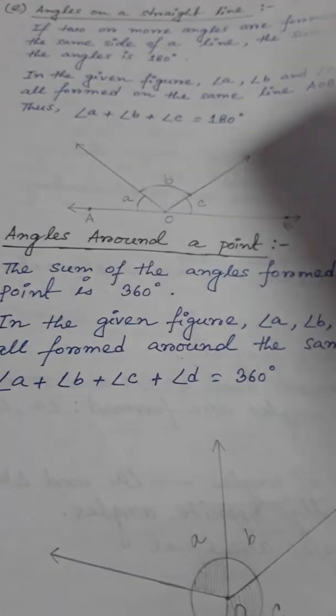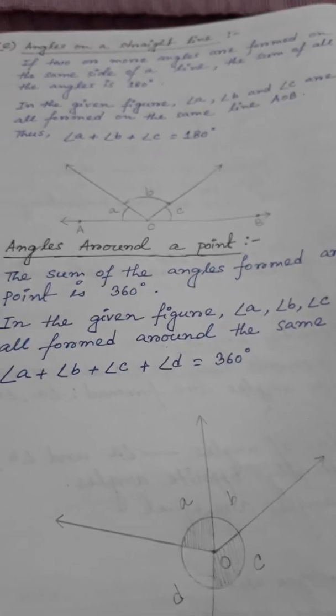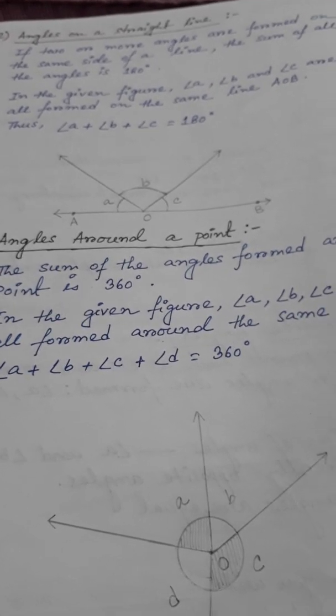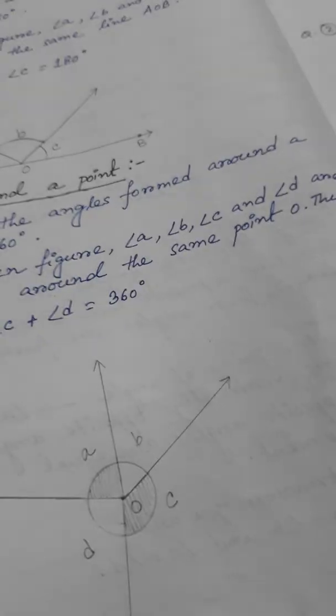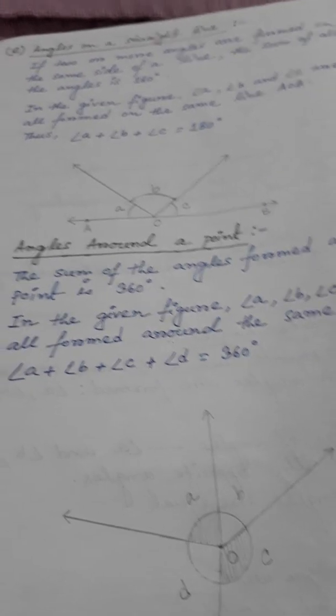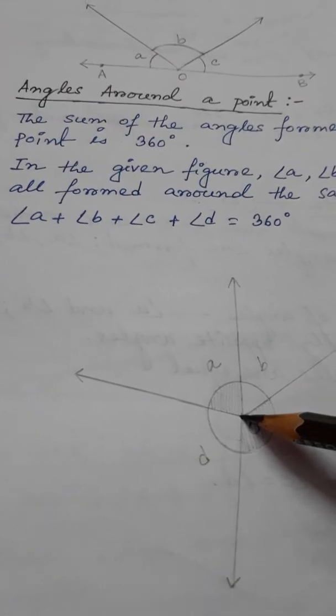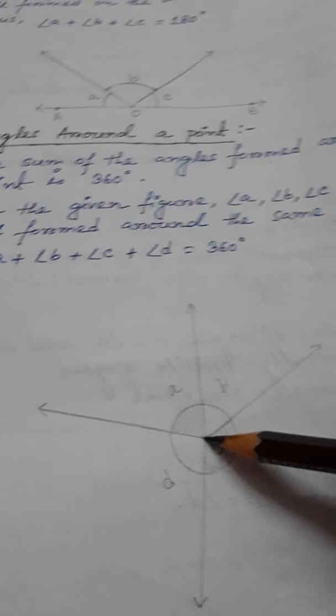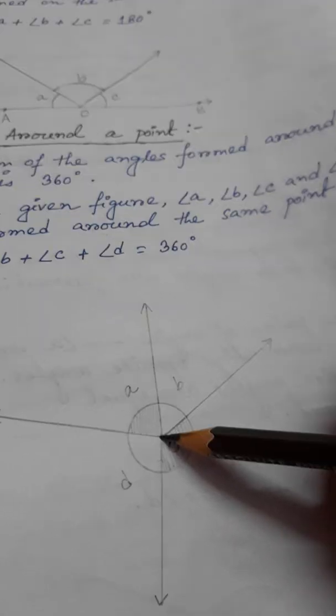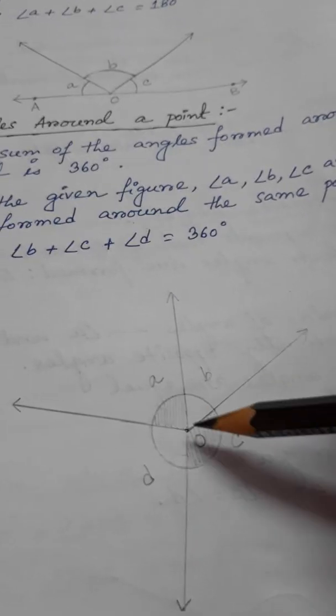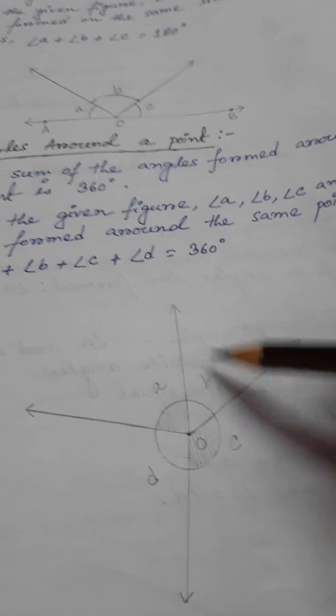Now the last part is angles around a point. The sum of the angles formed around a point is 360 degrees. If you consider O here as a vertex, this is one point. Around this point there are many angles.